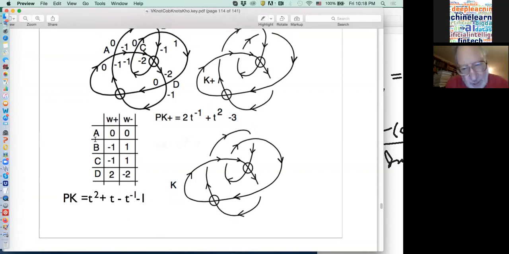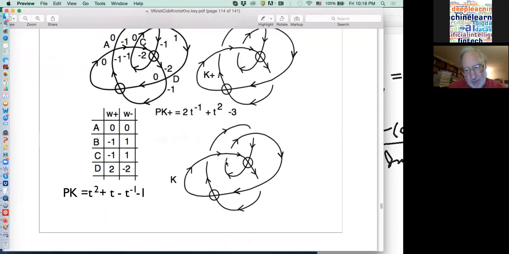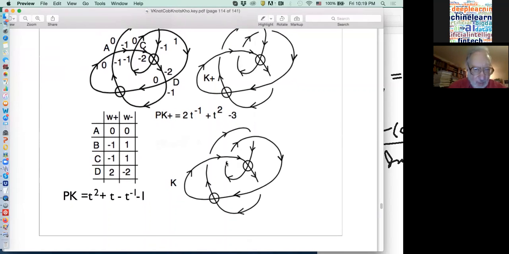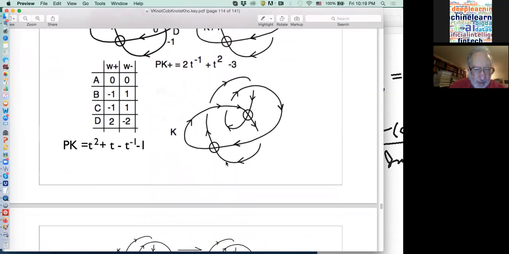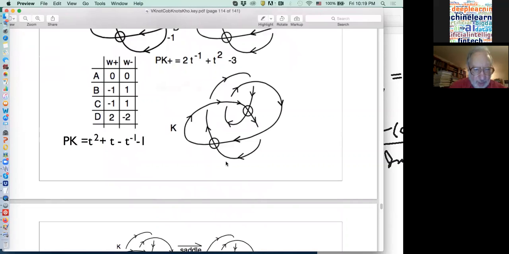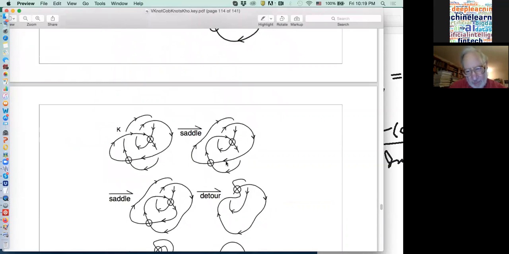This is just more elementary, but it lets me prove that this knot here, which isn't positive, actually has genus 1. So there's lots of room for exploration here in trying to understand relationships between genus and the affine index polynomial.